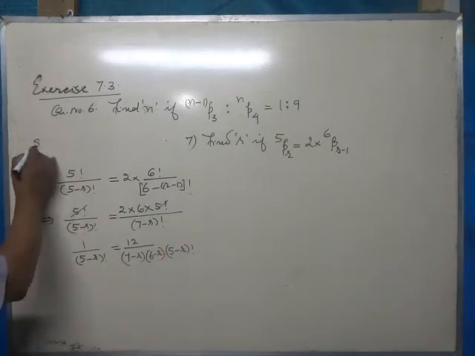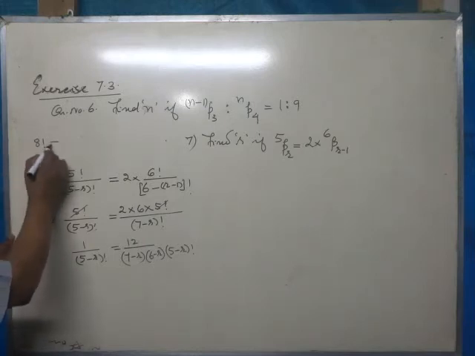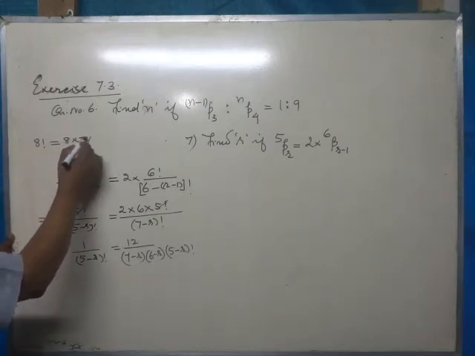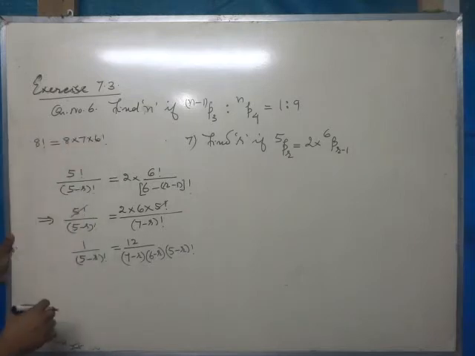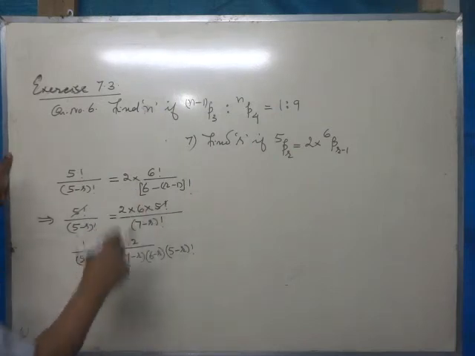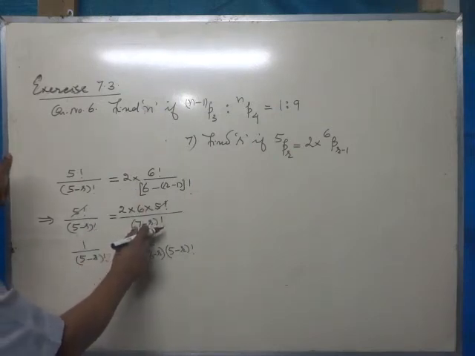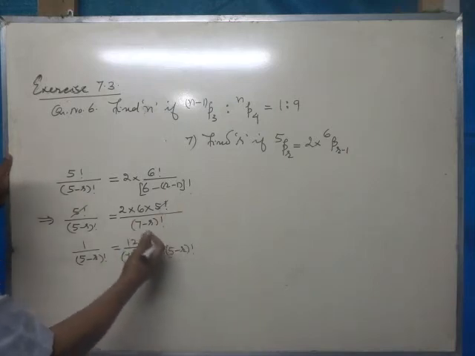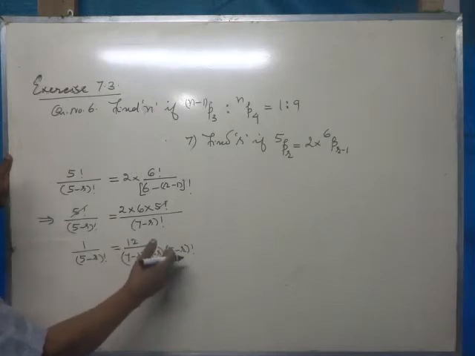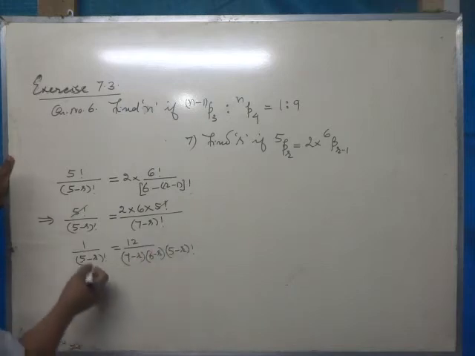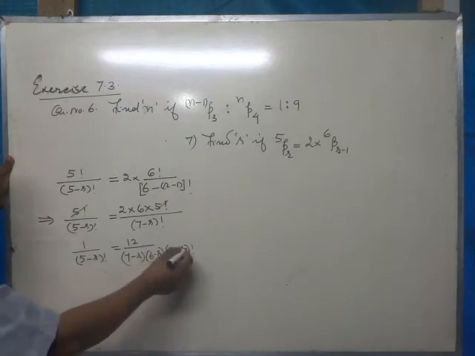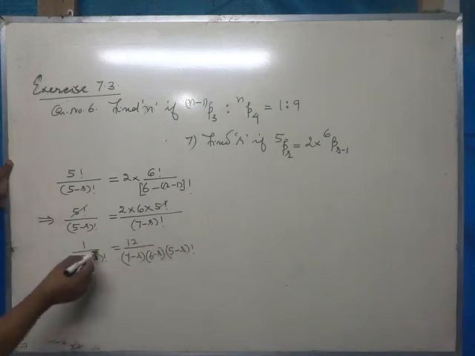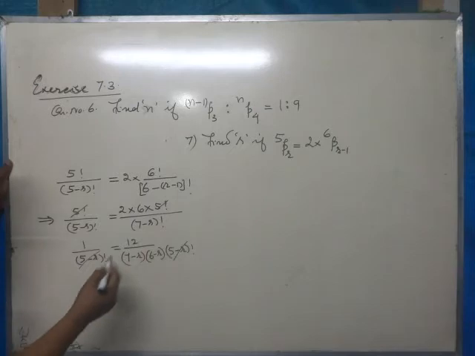If we want to write 8 factorial, it can be put as 8 into 7 into 6 factorial. Similarly, 7−r factorial can be written as 7−r, one number just below is 6−r, then one number just below is 5−r, and here is 5−r factorial. Here also we have 5−r factorial, so we can cancel them.